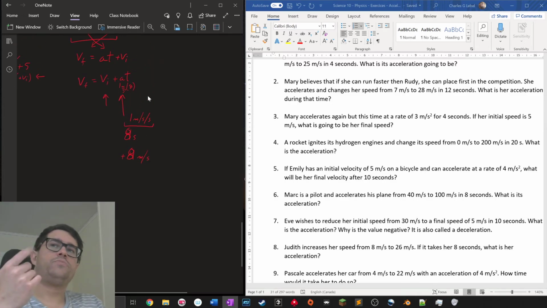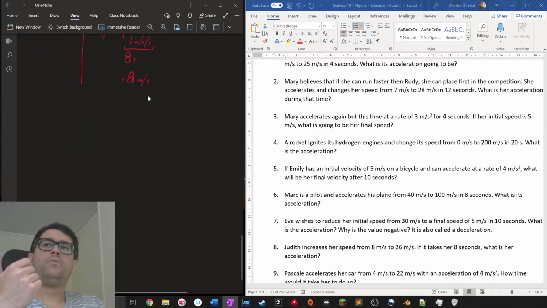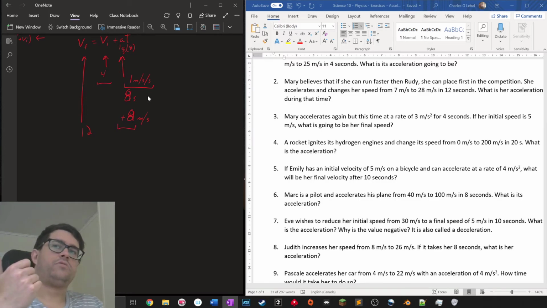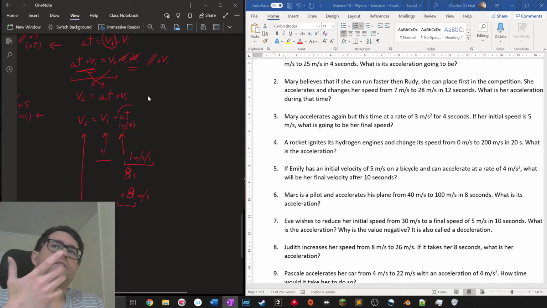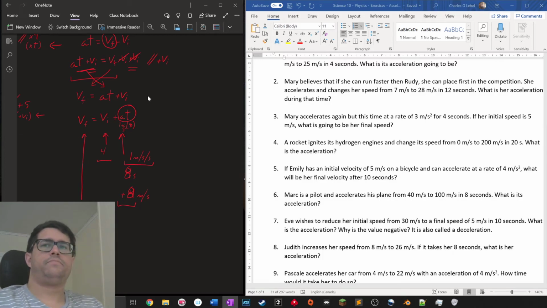So if my initial speed was 4, and I add 8 to that, my final speed will be 12, right? 4 plus the 8 of increased velocity due to the acceleration and how long I've accelerated for at that rate.